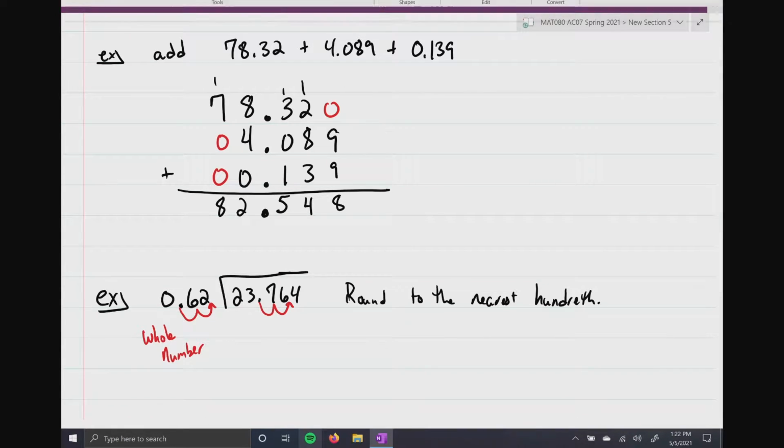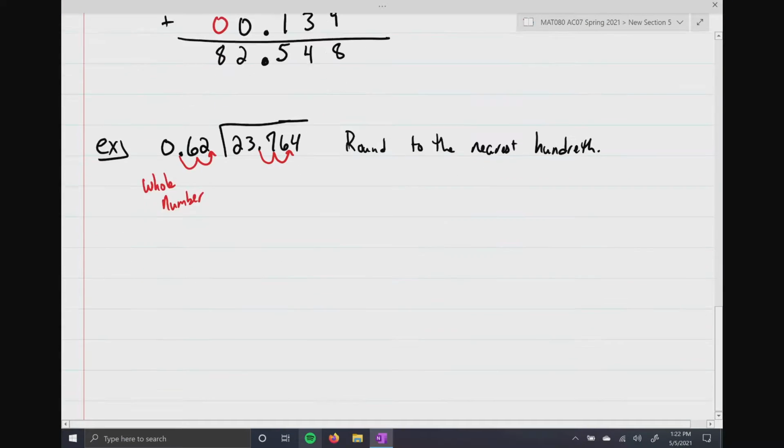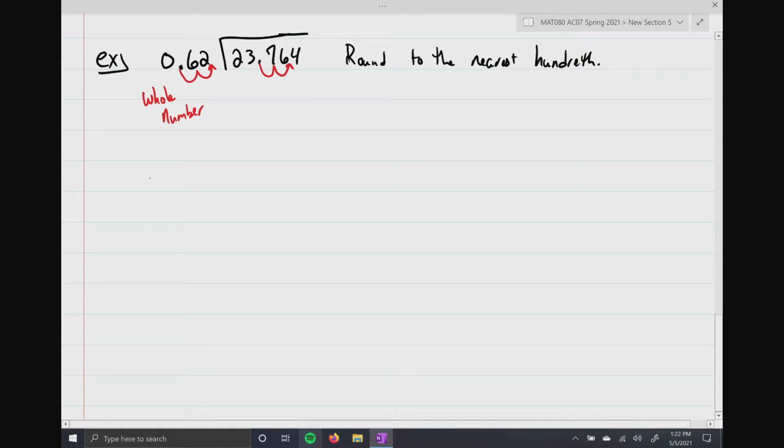So here, I'm going to rewrite the problem. I'm going to place my decimal in the proper position. And then I'm going to place that decimal directly above in the quotient. Now I no longer have to worry about decimals. In other words, the decimal placement is done.